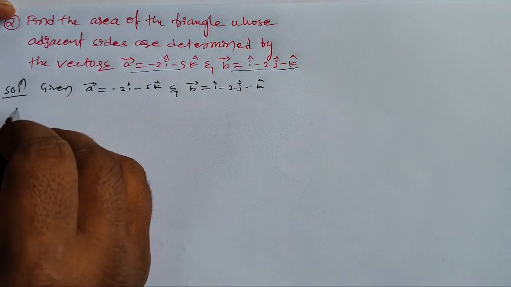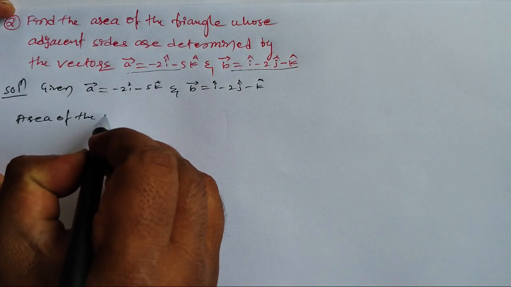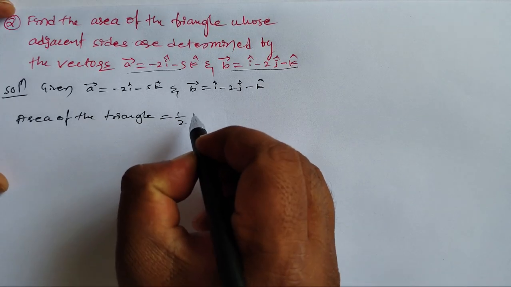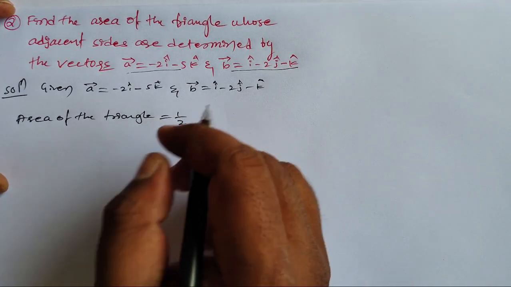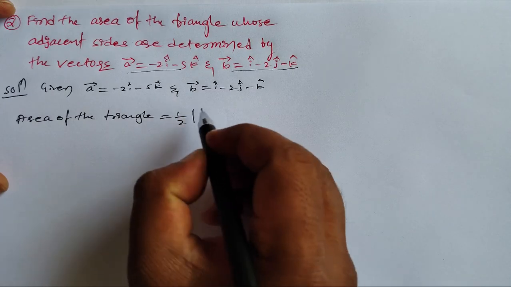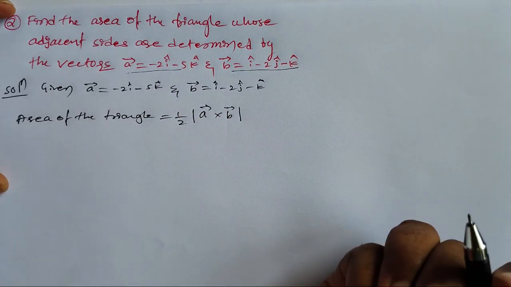So what is the area of the triangle? Area of the triangle equal to 1 by 2 into, okay, 1 by 2 comes. So the parallelogram area we found last time is the same, but 1 by 2 into A vector cross B vector, magnitude of A vector cross B vector.